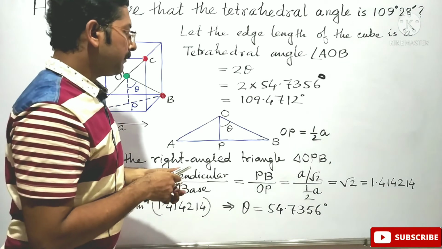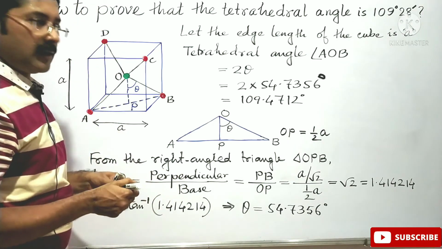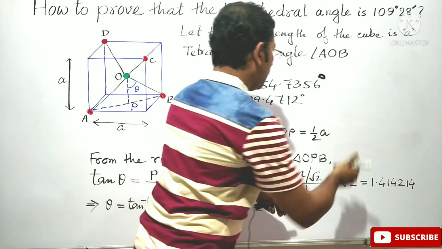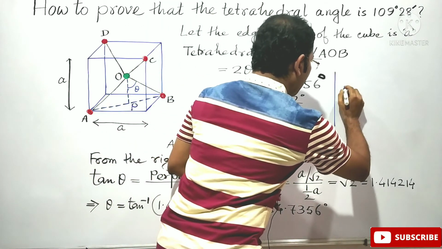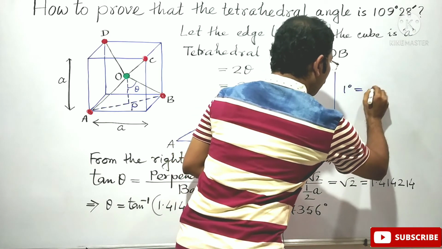And as we know, 1 degree is equal to 60 minutes.